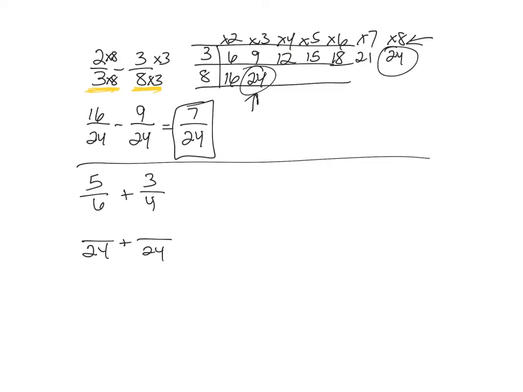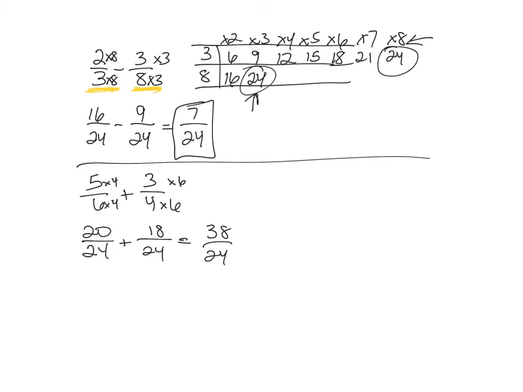Then I do 6 times 4 and 5 times 4, so I get 20, and this is times 6 and times 6, so I get 18, and 38 over 24. So nothing's wrong with what I did, and I do need to reduce.